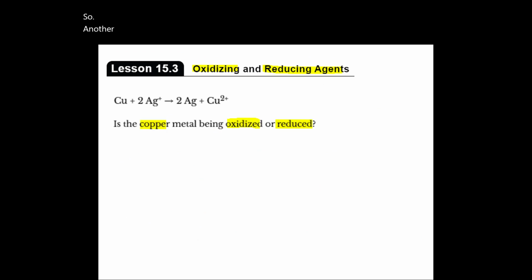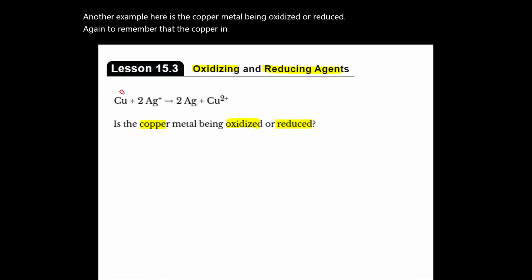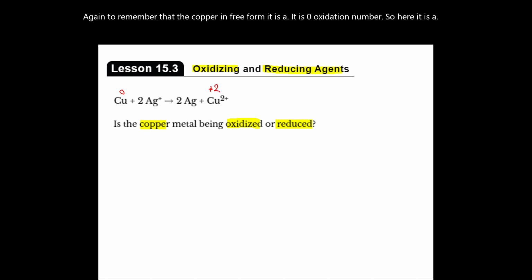Another example here: is the copper metal being oxidized or reduced? Again, remember that copper in free form has 0 oxidation number. Here it is +2 because this is a monoatomic ion. Its charge is 2+, so the oxidation number has to be +2.